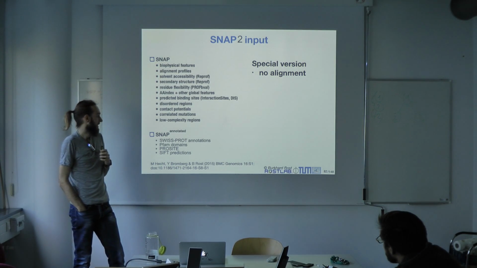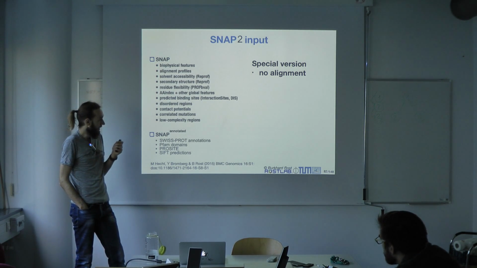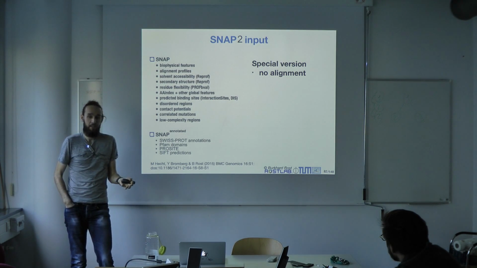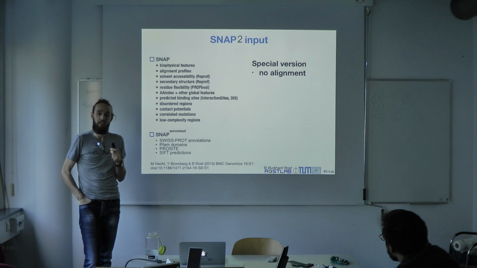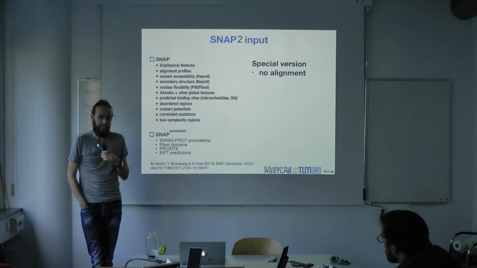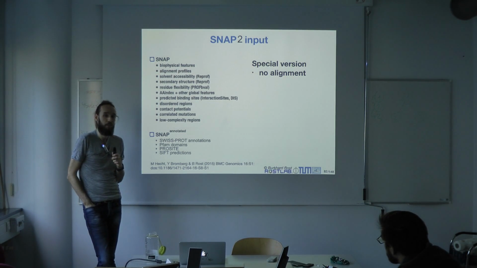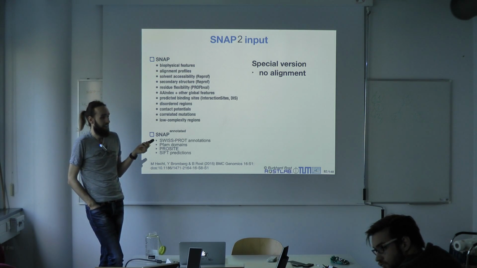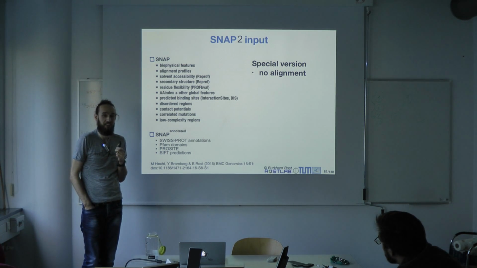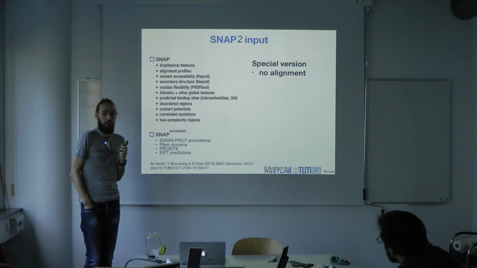It's a neural network with all of these input features. Additionally, he created a version that does not use alignment input, so it doesn't use conservation as an input. Now, I've said many times before, conservation is very often your strongest feature. Why would you have a version that doesn't use the one feature that you believe is best or very strong?